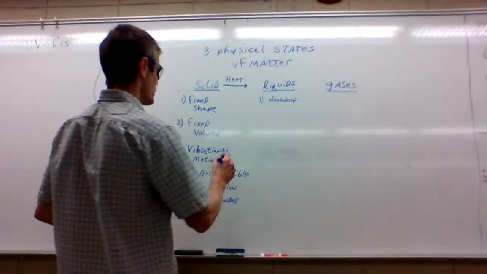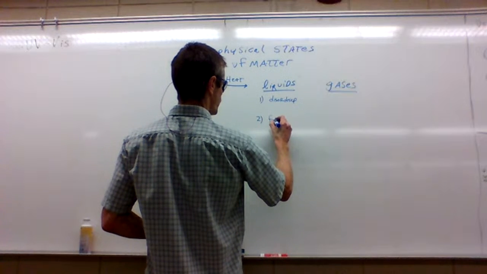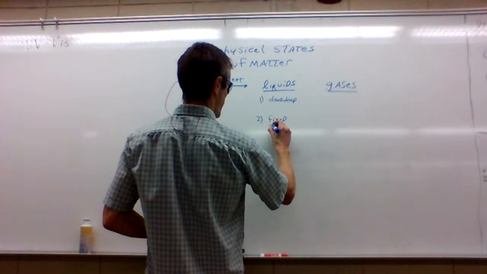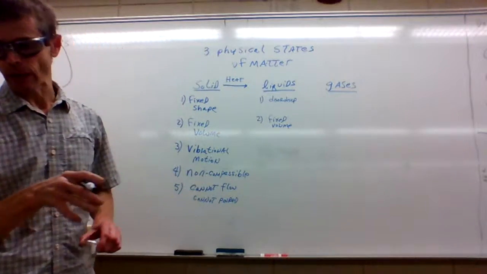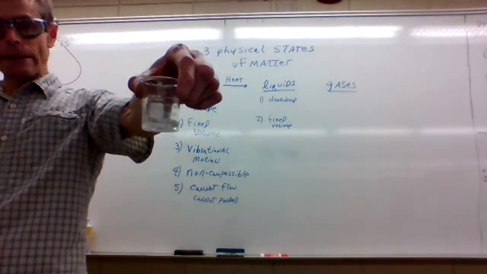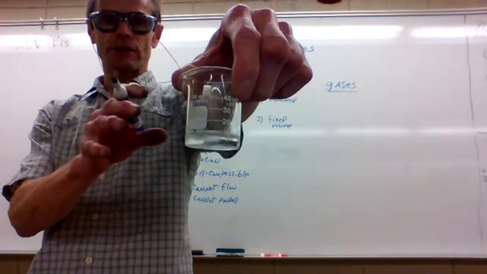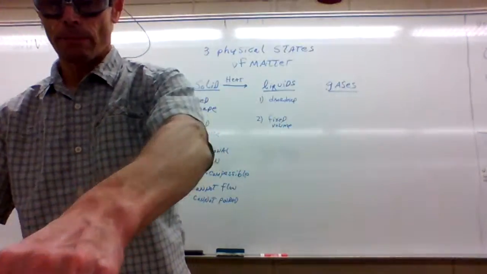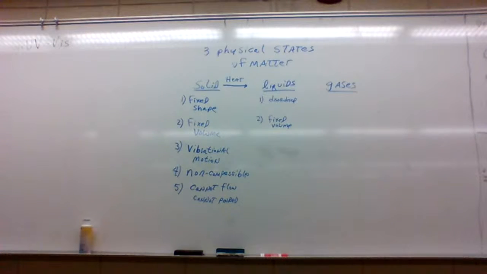So, like solids, liquids have a fixed volume. So they do share some properties, and they assume the shape of the container in which they're confined. Notice that that's the liquid. Well, what I can do, I'm going to get something kind of cool here. Hold on. We can do a little change here.